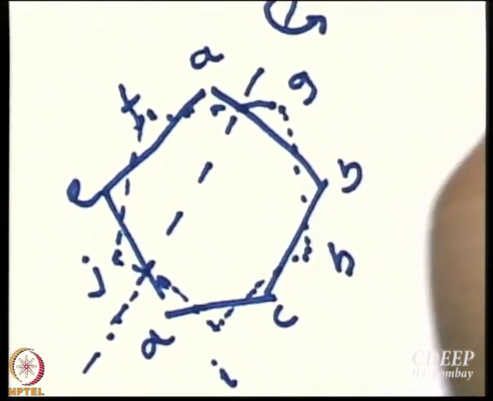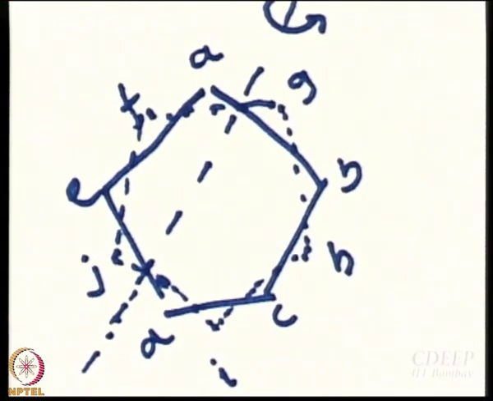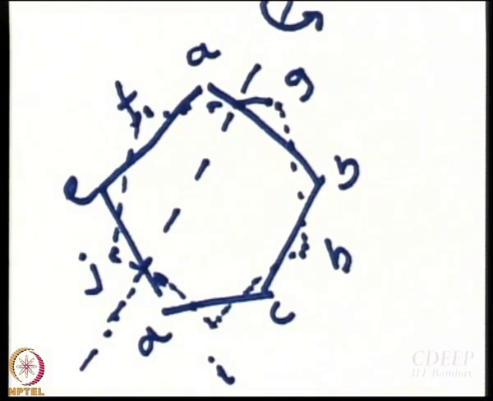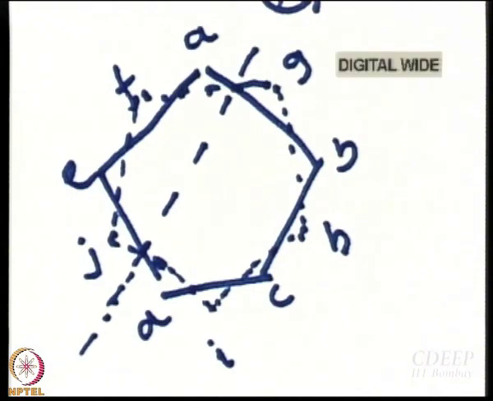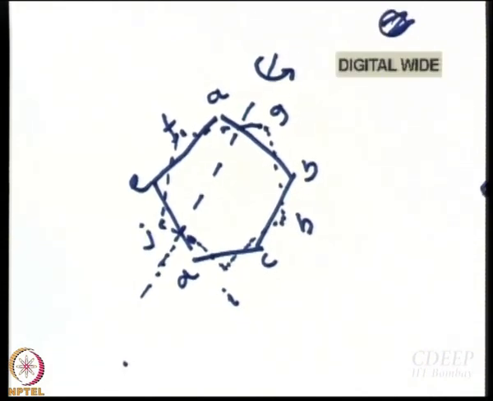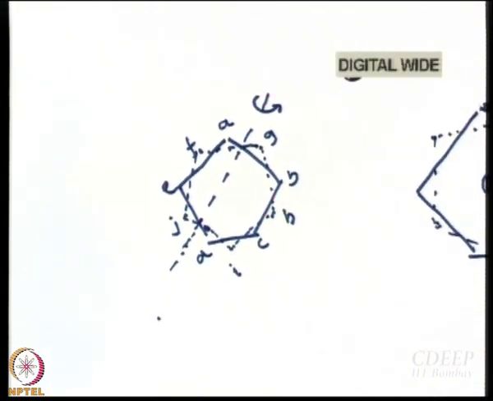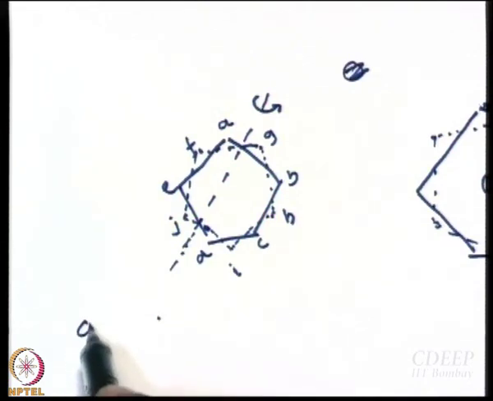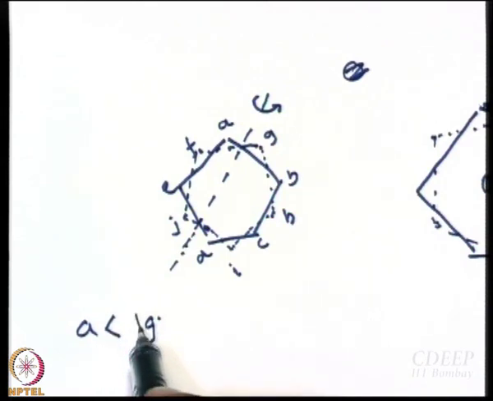Now if I rotate by 180 degrees, what I am saying is A and G should interchange position right here. I have been over-enthusiastic with the zooming. A and G would change places.